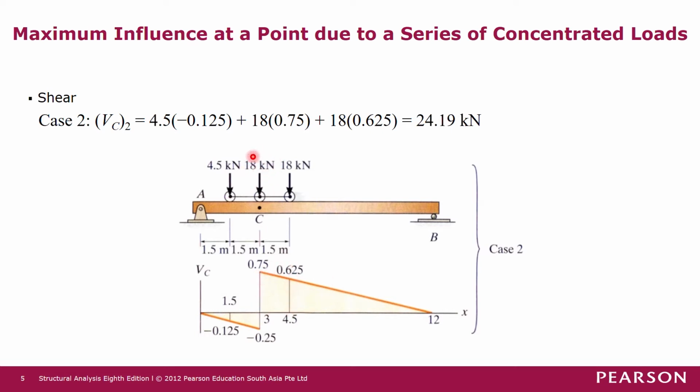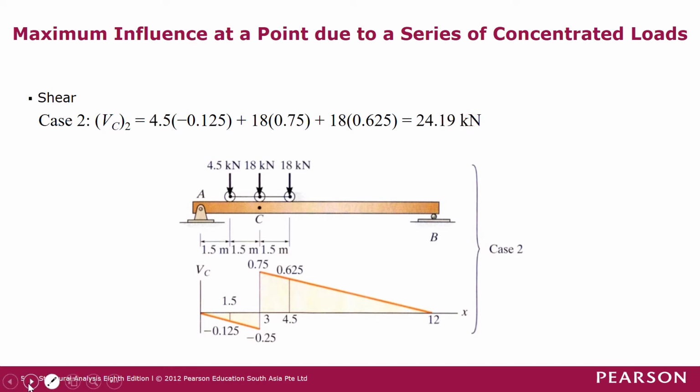For this 18 kilonewton force, the ordinate is 0.75, because this is on the right hand side of C. We calculate the shear force due to all three concentrated loads, and it gives us 24.19 kilonewton.